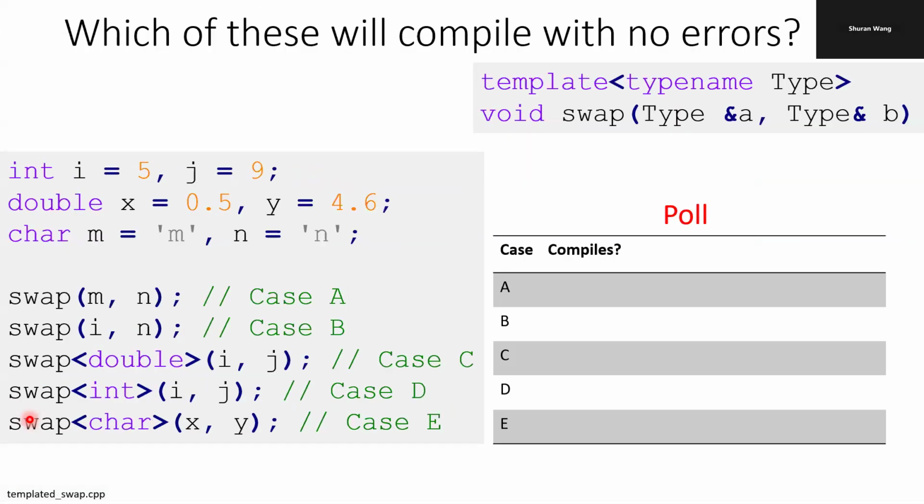And now let's look at these 5 examples. We have two integers i and j, two doubles x and y, and two characters m and n. We are calling swap in these 5 cases. Who thinks case A can compile? We have a show of hands.